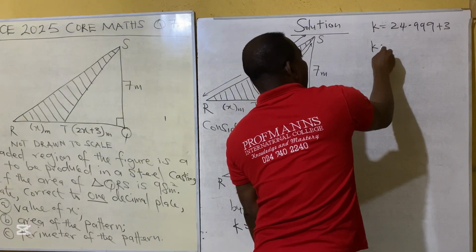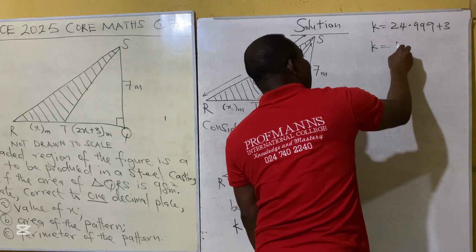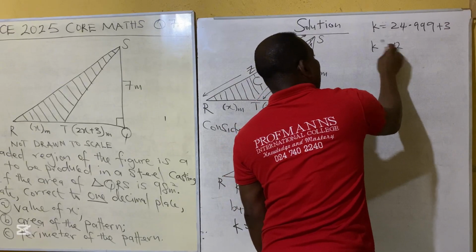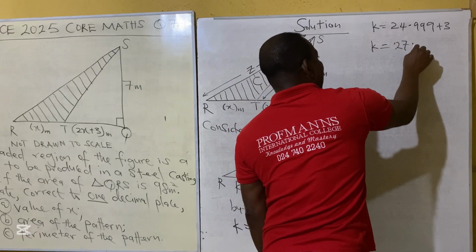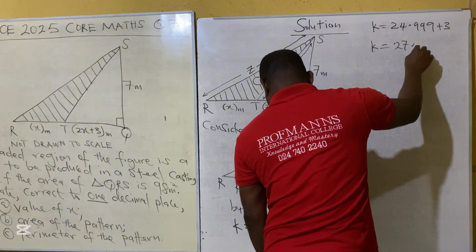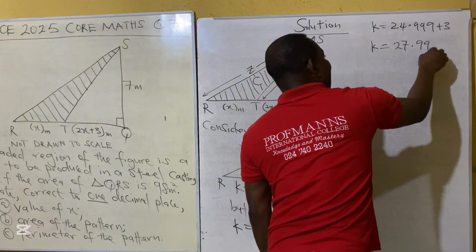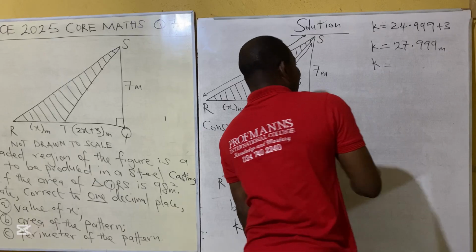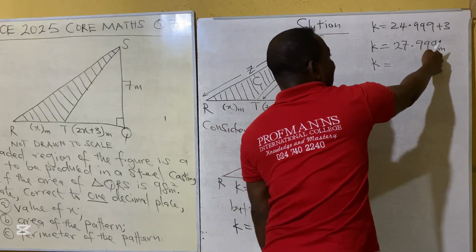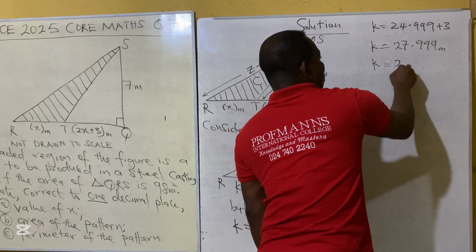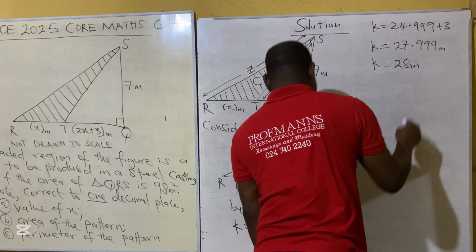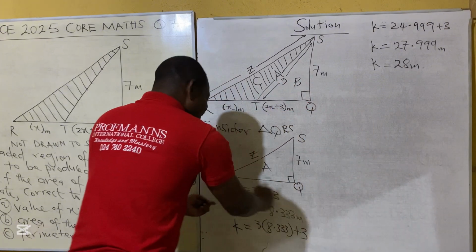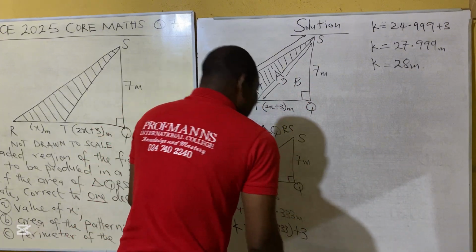When we do the addition, k gives us 27.999 meters. That is the base in this case. When we approximate this, it gives us 28 meters. So the base here is 28 meters.